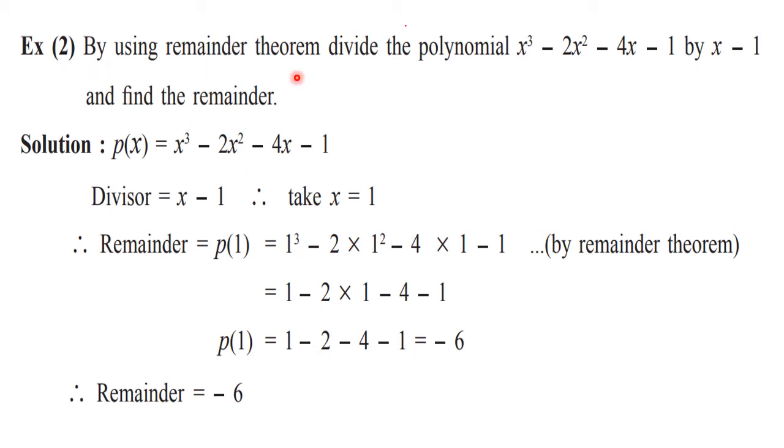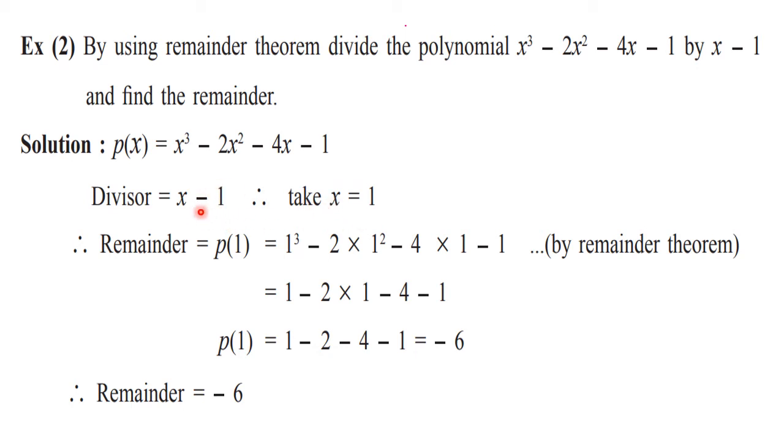By using remainder theorem, divide the polynomial x cube minus 2x square minus 4x minus 1 by x minus 1 and find the remainder. Okay, so this is the given polynomial which we will denote by p of x always. Then this is our divisor, that is x minus 1, and always take opposite of this as x. Okay, or simply divisor you can take as x minus 1 is equal to 0, and from that you can write down x is equal to plus 1, or exactly take the opposite number.